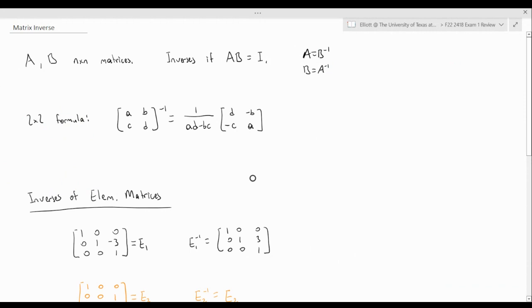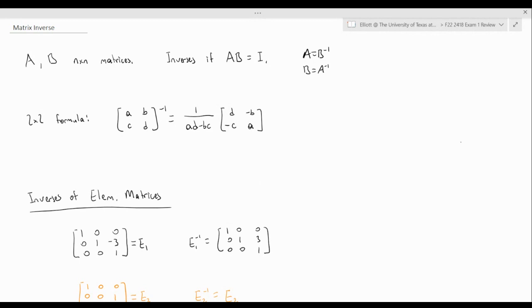So let's talk about matrix inverse now, all right? I think that's one of the most recent topics that you guys have gone over. The notion of a matrix inverse only applies to square matrices. So your matrices have to be size n by n in order to have an inverse.